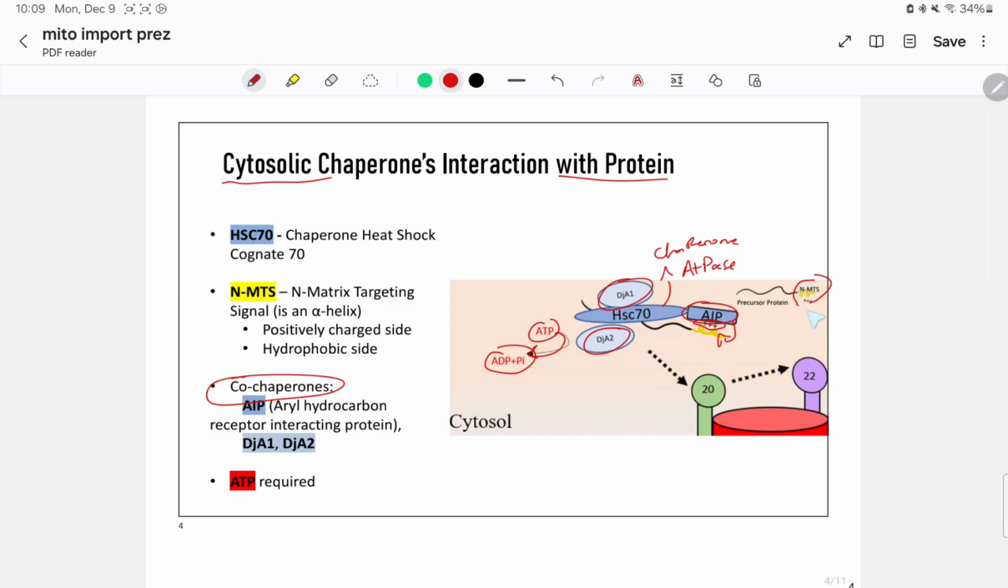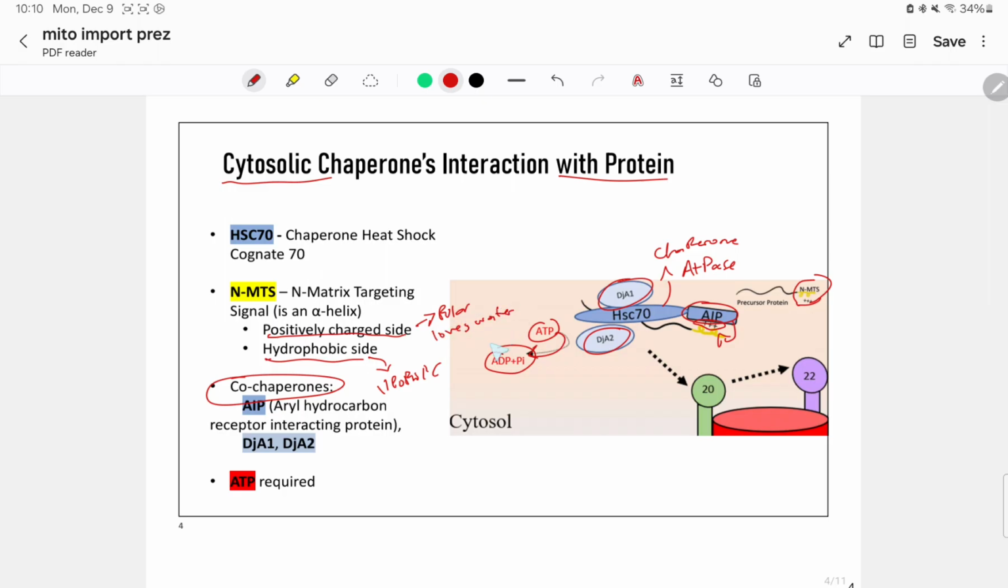So this NMTS has two parts. It has a positively charged side and a hydrophobic side. Hydrophobic means it hates water, which means it actually loves lipids, so we call it lipophilic as well. Now, this positively charged side would be polar, so it loves water.